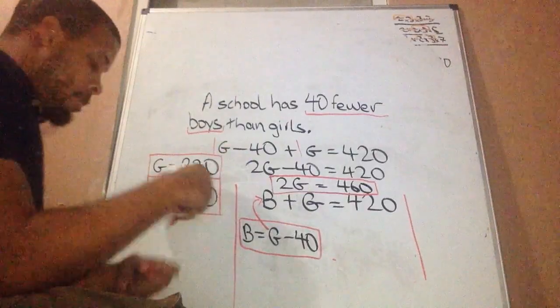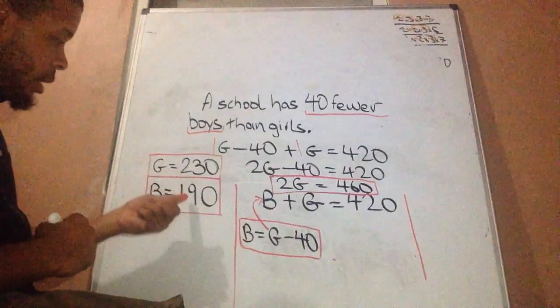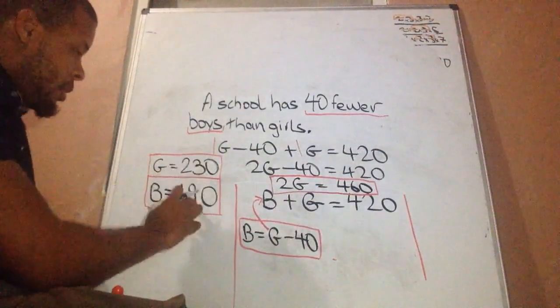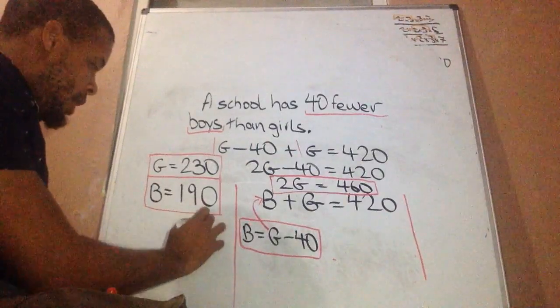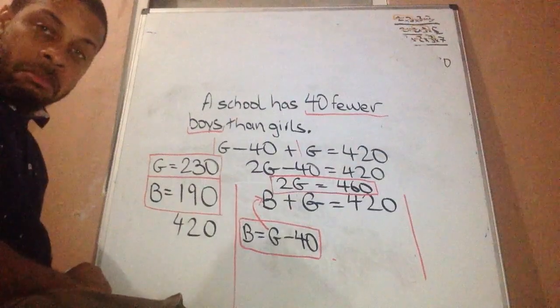And it lines up with what we have here. If we add this to this, we get 420. 3 plus 9, 2 here, carry the 1, 3 plus 1. There you go.